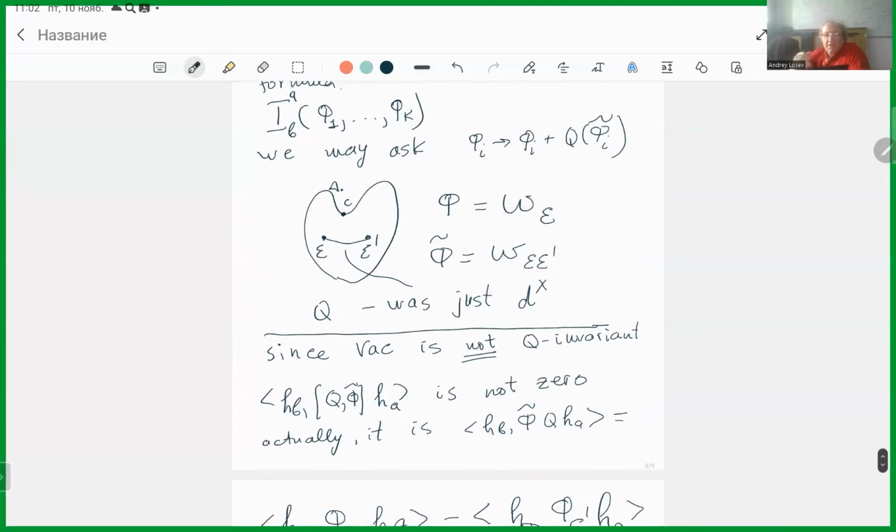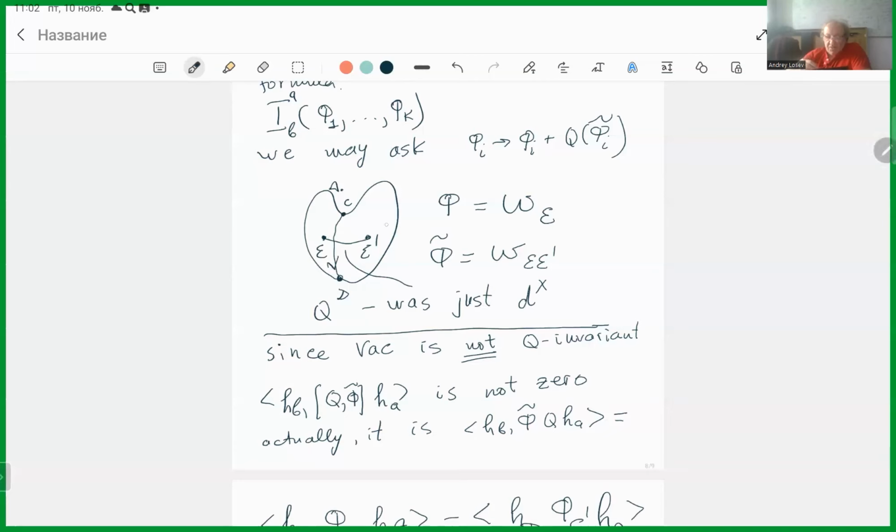So if we go to the picture, we see that it works exactly like this. If E and E prime are on the same half, nothing changes.